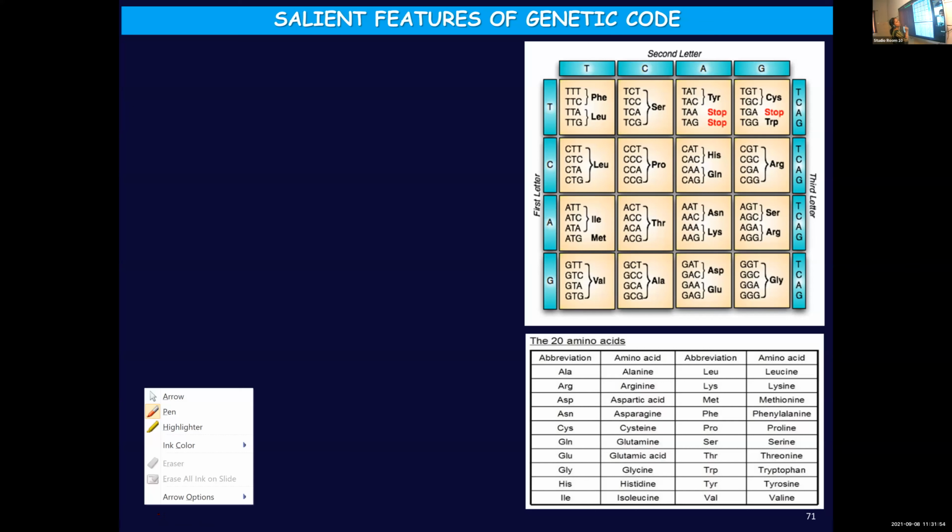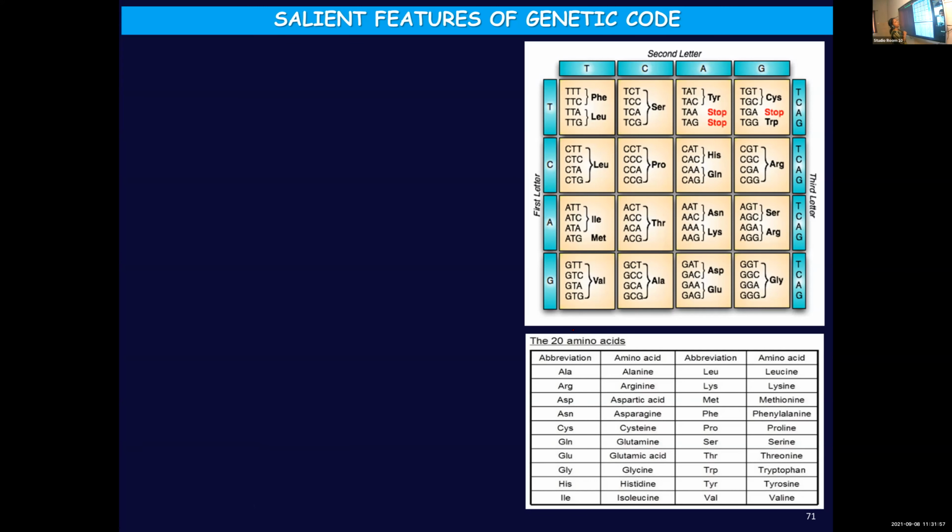See, T, T, T, this T, this T, this T, then again T, T, C. So with this checkerboard, they tried out the maximum possible combinations, and they got 64 combinations.